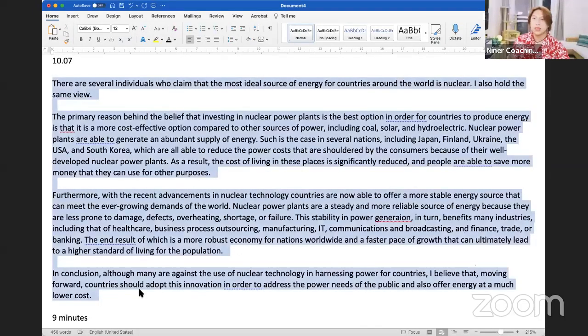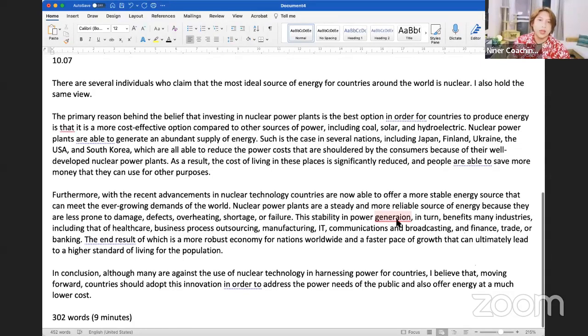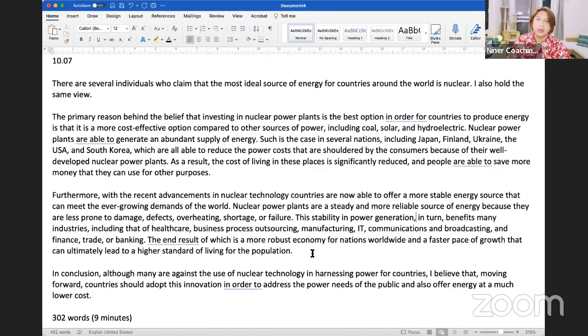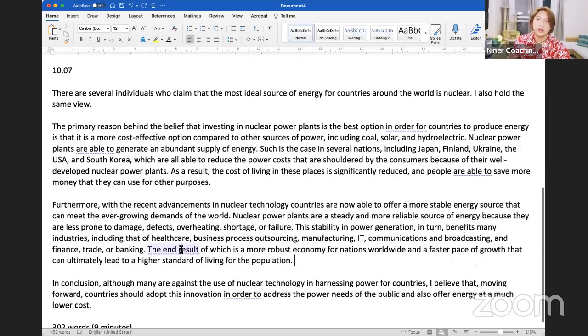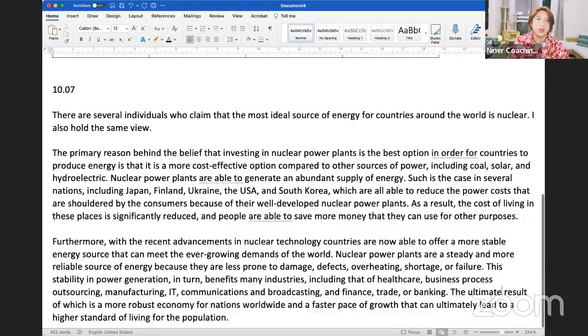So this is so far 302 words, and it's completed in 9 minutes. There are some stray spelling errors, so I'm going to read through this entire thing and edit.